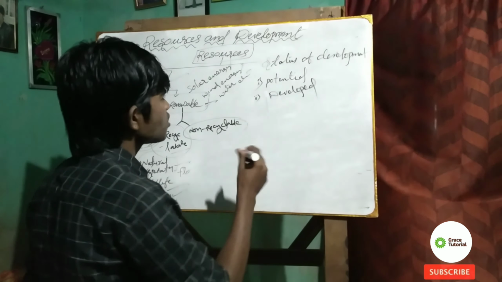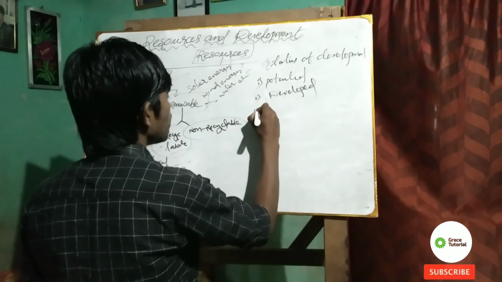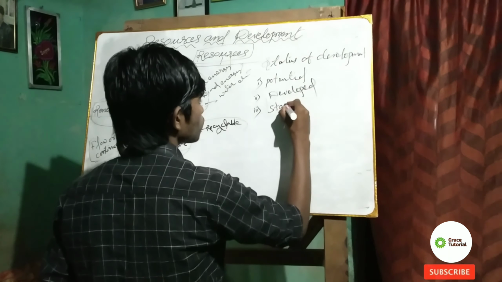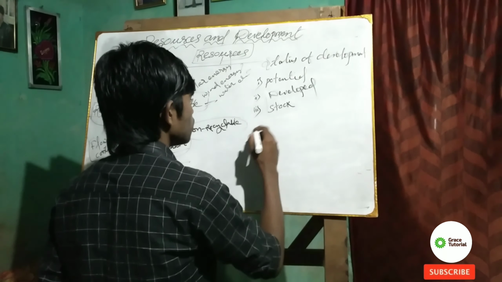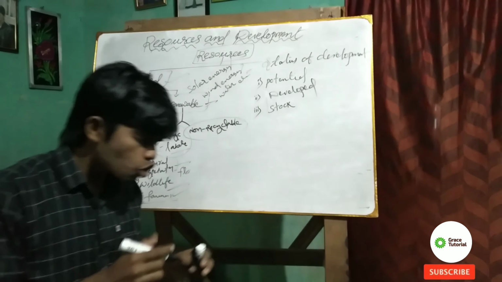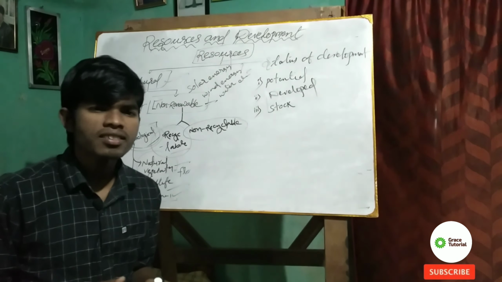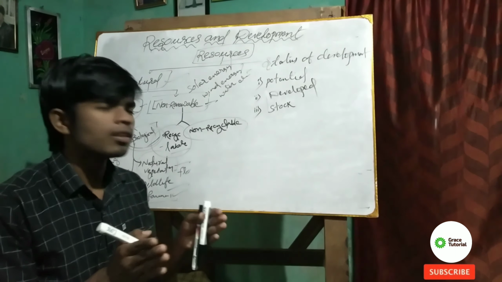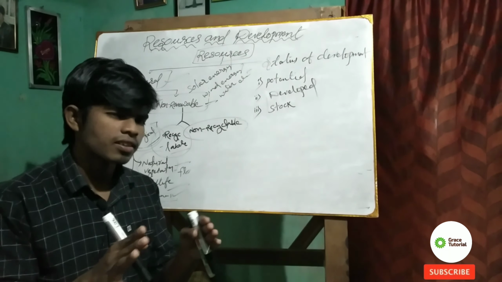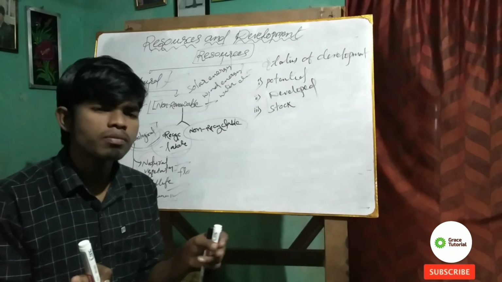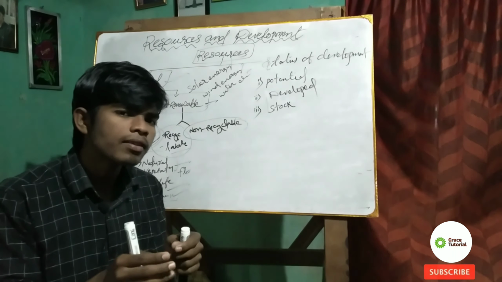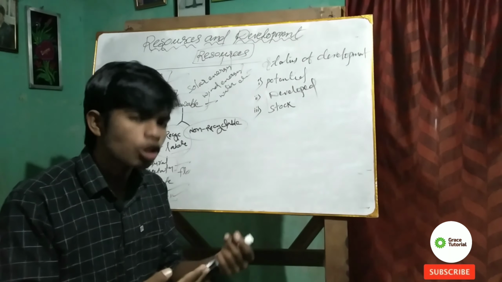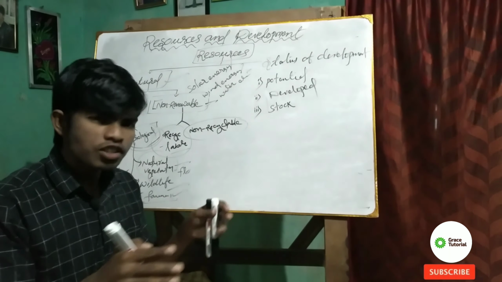Next, on the basis of status of development, we have another type of resources, that is stock. So what do you mean by the stock? These are the resources which are generally available in various regions, in various forms, but we do not know the technology, we do not have the practical knowledge to use them.